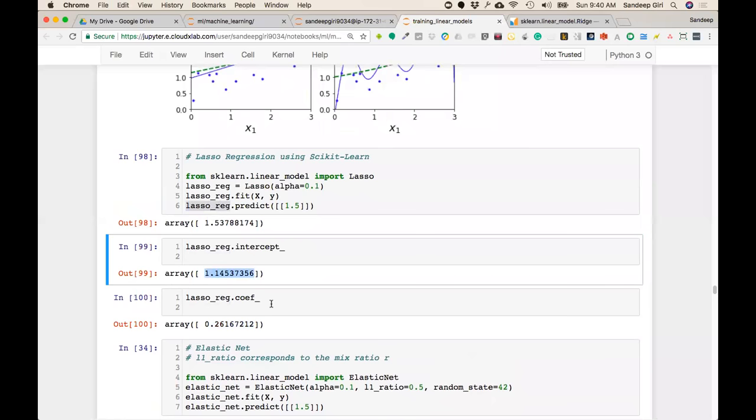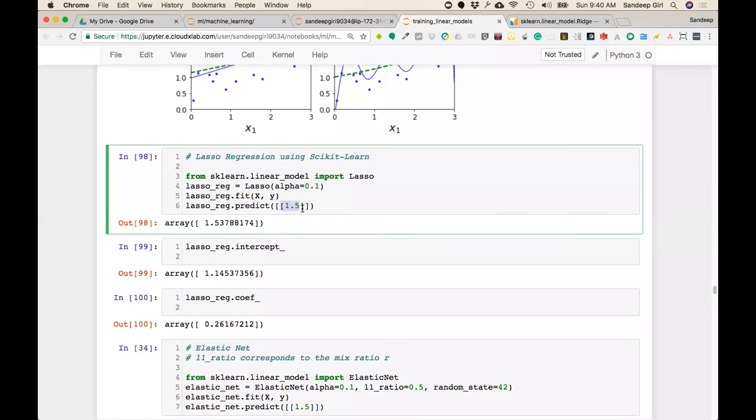Now, at any point of time, if we have a lot of values to predict, we have trained our model. Now we can utilize that in the production environment and use this model, which we have trained using Lasso or any other technique, for the further prediction of the values.